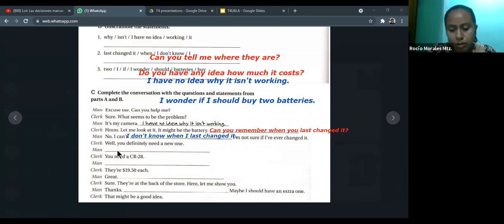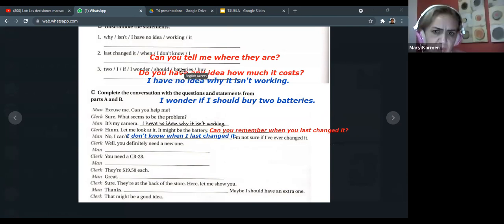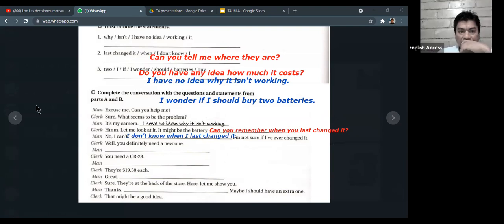Well, you definitely need a new one. Do you know which battery I should buy? Do you have any idea how much it costs? No. Can you tell me where they are? So we have another one, right? 1, 2, 3, 4. Which battery should I buy?